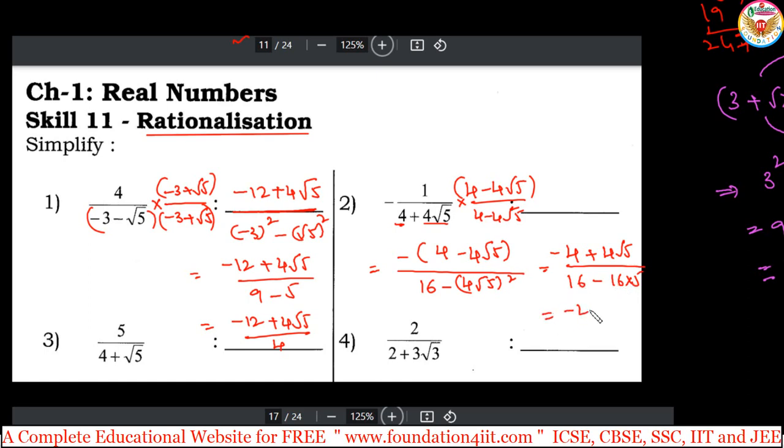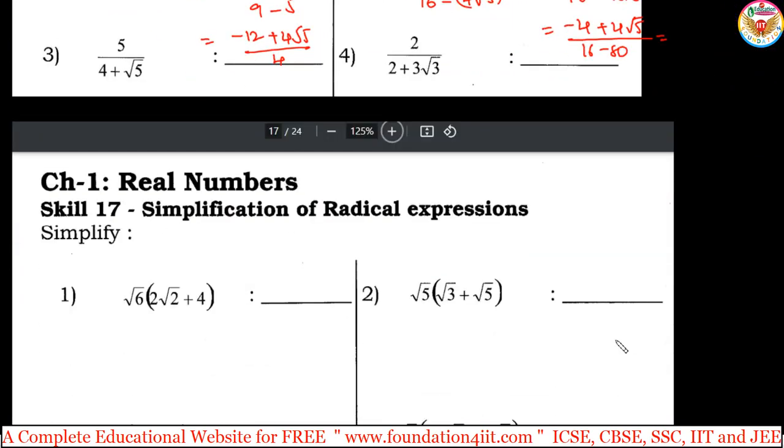Next up, minus 4 plus 4 root 5 divided by 16 minus 80. Next up we can subtract the denominator to get the answer. The only thing is we should rationalize the denominator. So the rationalizing factor should multiply and divide the numerator and denominator. Find the rationalizing factor, and you can multiply and divide the given question. You'll get the answer as a rational number for the denominator. Right? You just do it the same way.